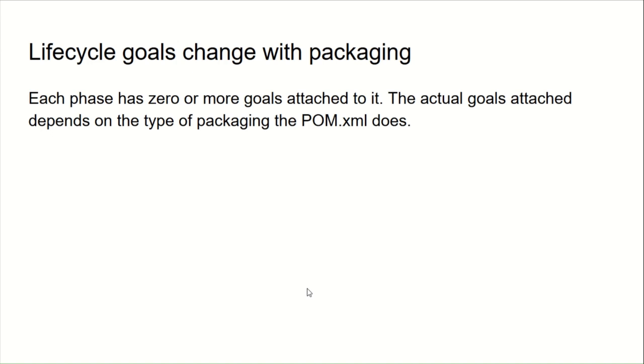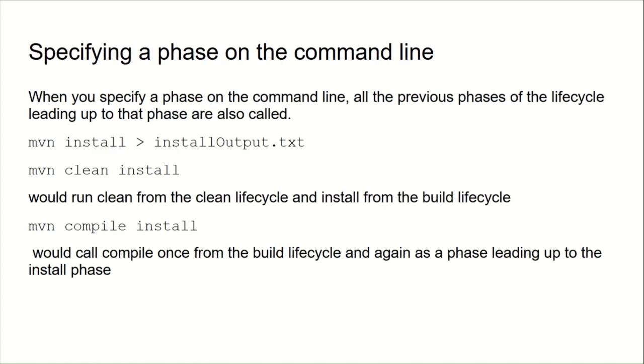Each phase has zero or more goals attached to it. For the life cycles that we've seen defined, they've been good about only attaching one goal to each phase. When you specify a phase on the command line, all of the previous phases of the life cycle leading up to that phase are also called.